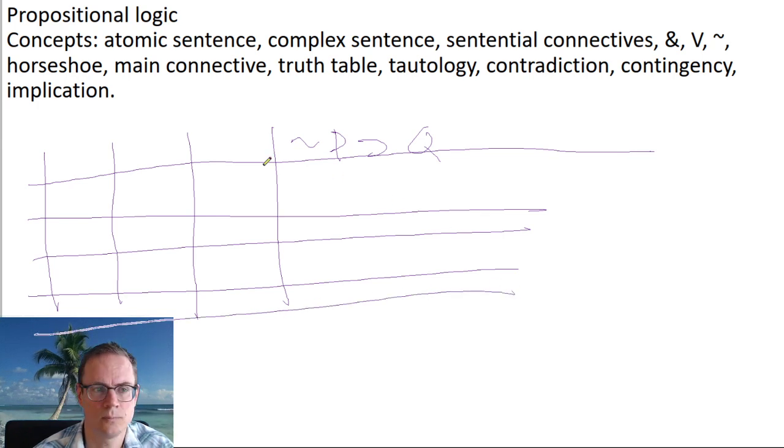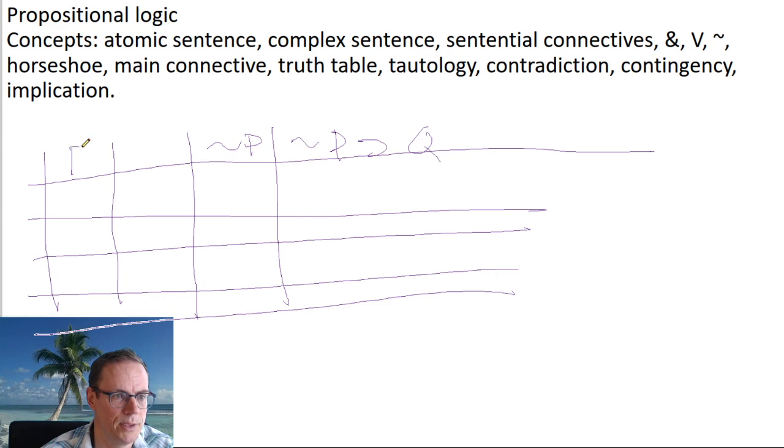All right, so here we go. I have to get not P here, and then here we can put P and Q. So I'm going to write down true, true, false, false, true, false, true, false. Now I've covered all the options, 2 to the power of 2.